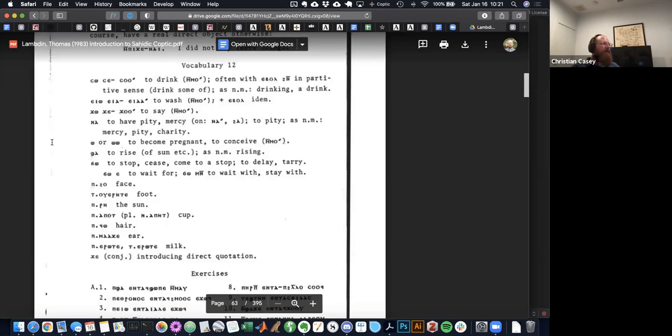It definitely has a depth of nuance that really no English word can convey. Yeah, there's quite a few of those, and there's a few of them in reverse too. There are English words that do a huge amount of heavy lifting in terms of information transmission that Coptic just doesn't have a word for. So yeah, finding those things can be pretty fun.